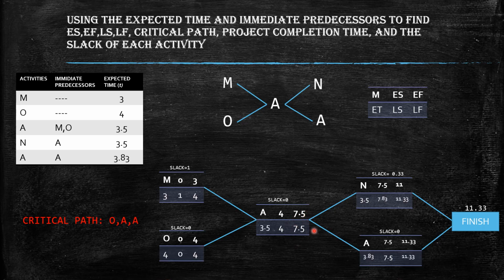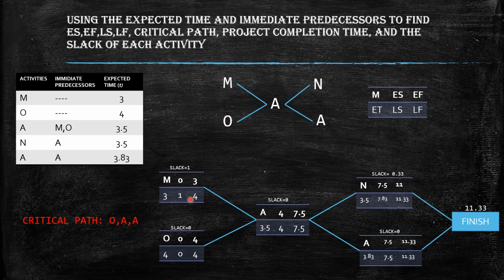Pagkuha dayon nato sa kanang latest start, we have to deduct LF to expected time. 7.5 minus 3.5 is equal to 4. And then here, we're gonna use 4 to both of them. We're gonna set 4 as their latest finish.